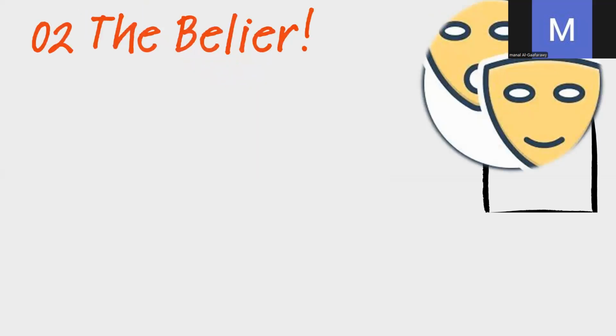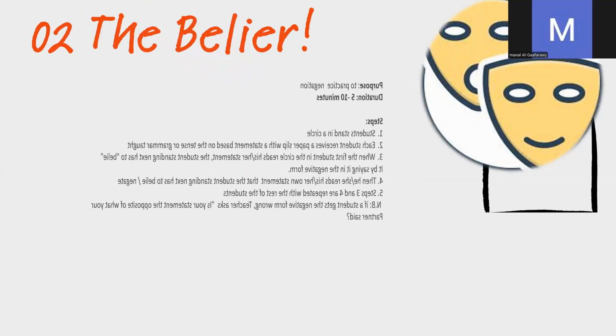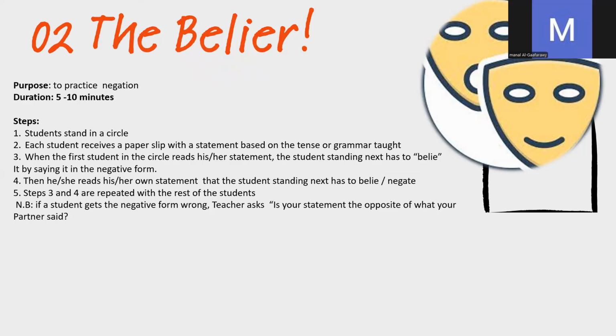Then moving on to the second game, which is the Bee Liar. The purpose of this game is simply to practice negation, and it works really well with young learners. All you have to do for this game is to make your students stand in a circle as well.